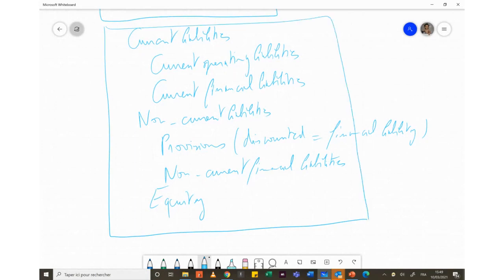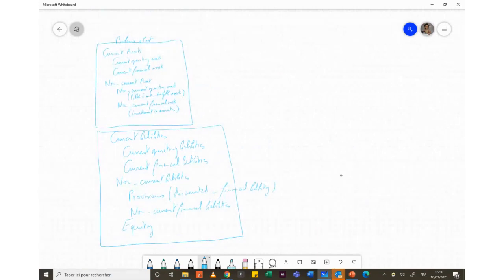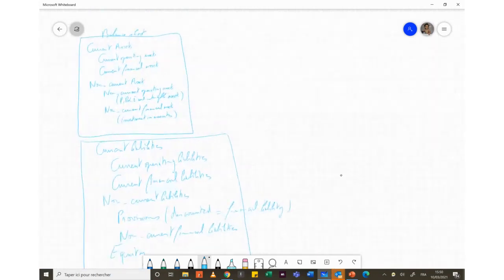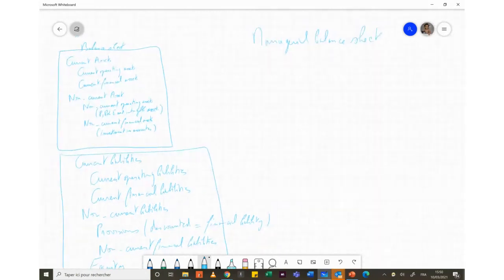Okay, so this is the classical balance sheet, and now we create the managerial balance sheet. In the managerial balance sheet, we want on one side the capital employed, and on the other side, the invested capital.